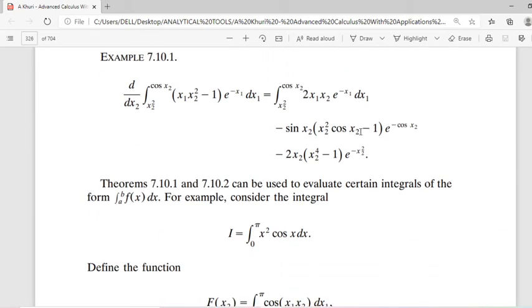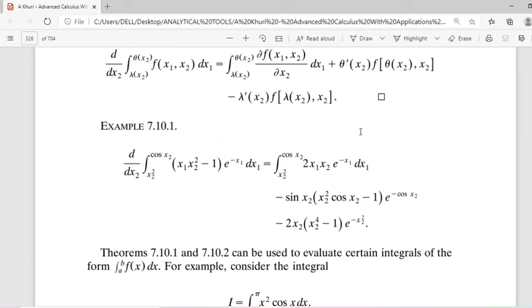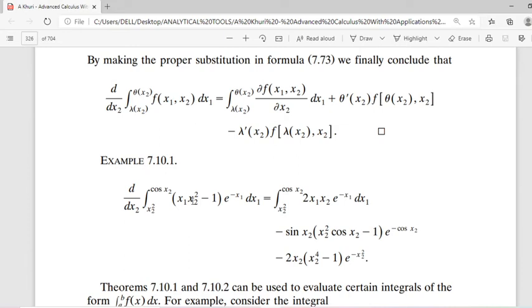Now we move to some numerical examples. What is the example? Yeah, we have to interchange. You have to find out d by dx2 of the integral from x2 square to cos x2 of x1 x2 square minus 1.